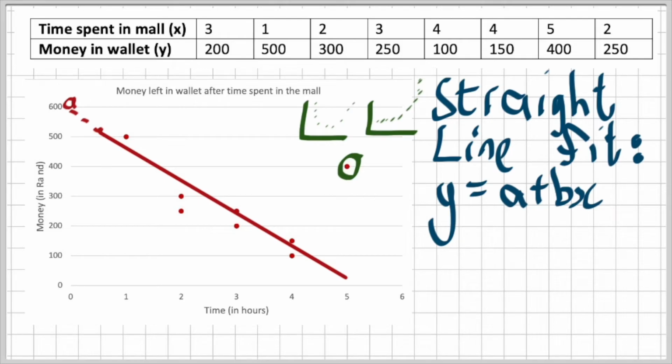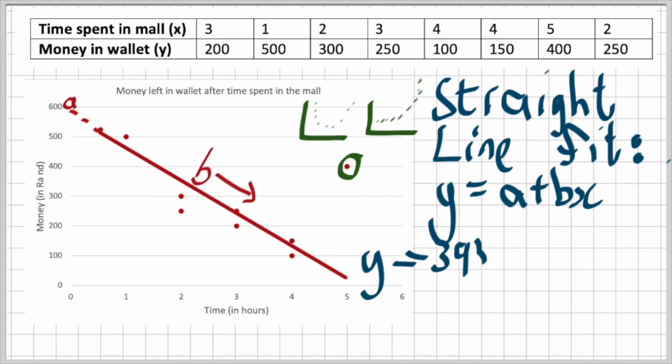What would be the b value? Well, that would be the slope of this line. So a would be the y-intercept and b will be the slope. The beautiful thing is now you can go to your calculator, put it in stats mode, and literally just put in your x's and your y's and get that specific equation.